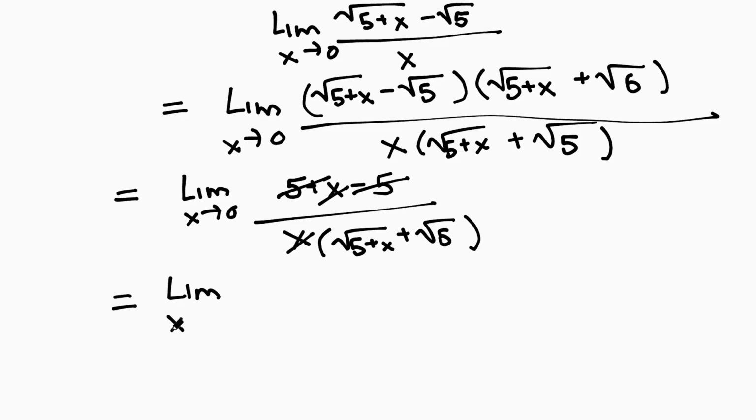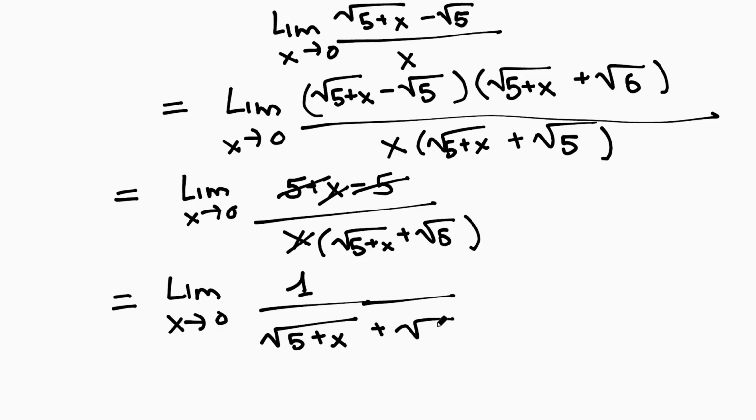And what I have is going to be 1 over square root of 5 plus x, and then plus square root of 5. I plug 0 into the function, and what I end up with is 1 over 2 square root of 5.